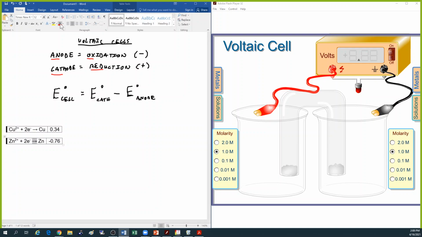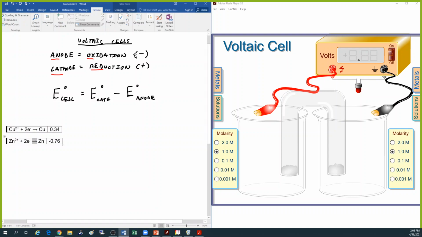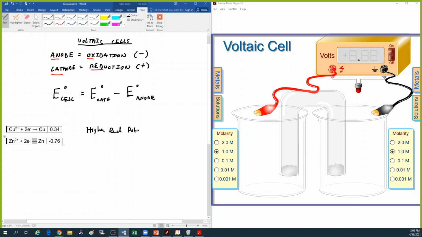Now, the way we know which is which is basically whichever one has the higher reduction potential, and by higher we just mean the more positive one, that's going to be the cathode.